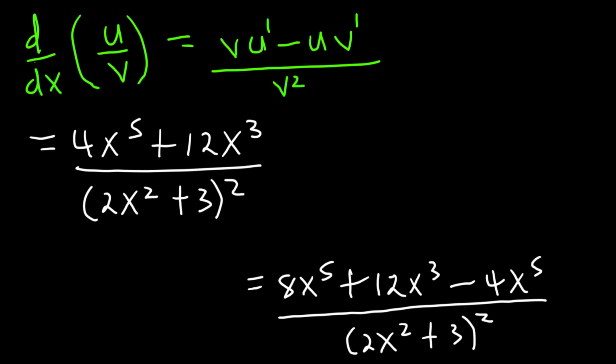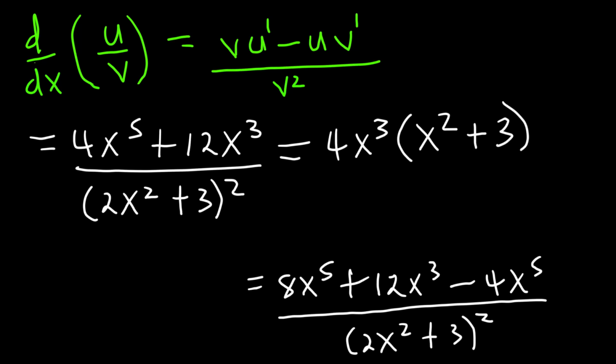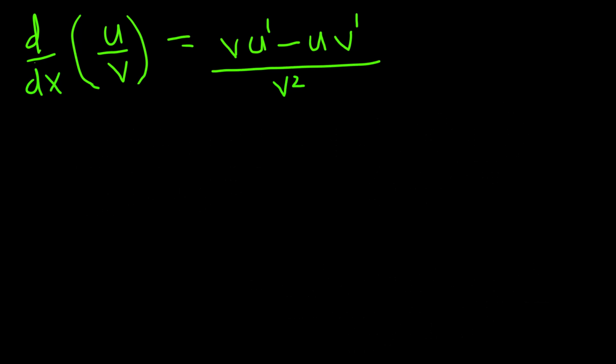And if you want, you can factor out the greatest common factor, which is 4x to the power of 3, and we shall remain with x to the power of 2 plus 3, and this will be divided by 2x to the power of 2 plus 3 raised to the power of 2. And that's our answer.